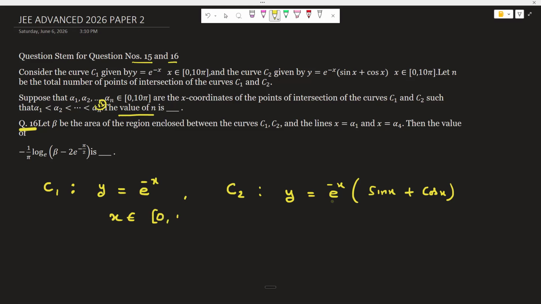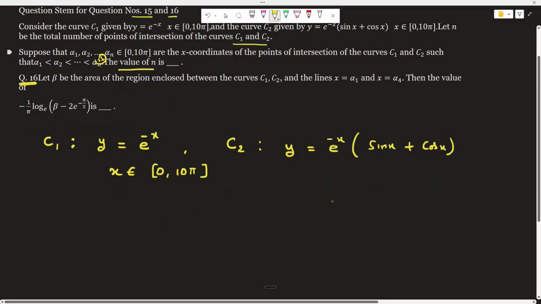Suppose alpha 1, alpha 2, and so on alpha n, which belong to 0, 10 pi, are the x coordinates of the points of intersection of the curves C1 and C2, such that alpha 1 less than alpha 2 and so on less than alpha n. Then the value of n is, this is the first question.